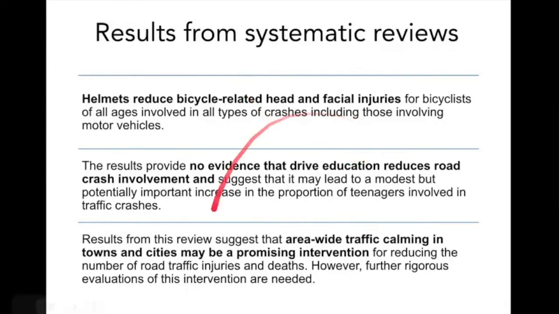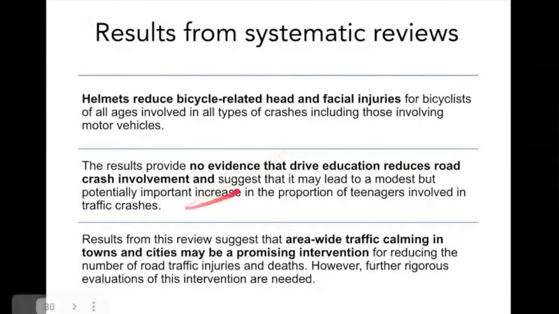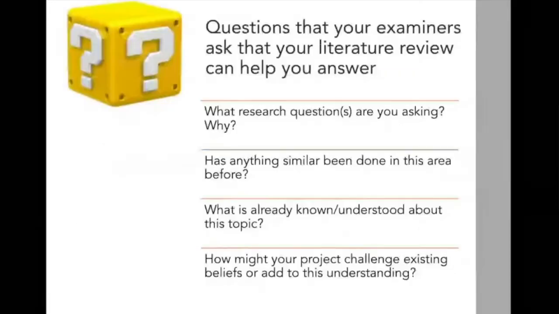And also the result from the SLR provides no evidence that driver education reduces road crashes, because the question was school-based driver education for the prevention of traffic crashes, but they found no evidence, as well as no evidence for intervention to promote smoke alarms, because the area-wide traffic is very calm in the town and city, so there is no need for smoke alarm intervention.